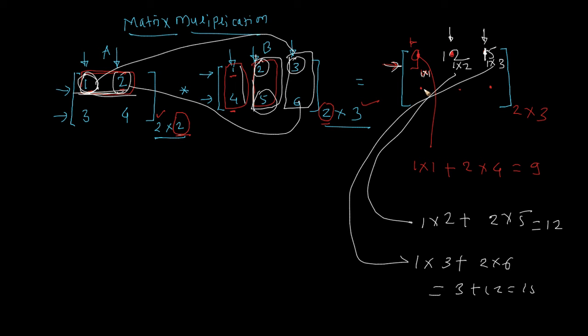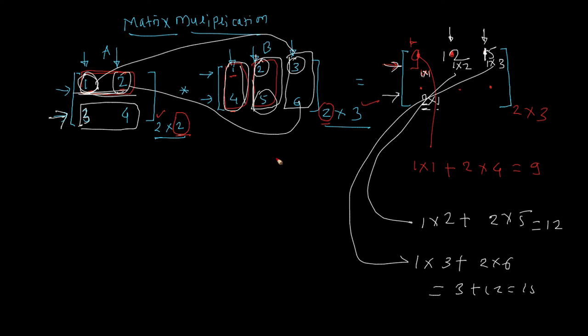Now the element here is called second row and first column, 2 cross 1. So you can get this by multiplying the second row of the first matrix with the first column of the second matrix. So that's what this says, 2 cross 1.